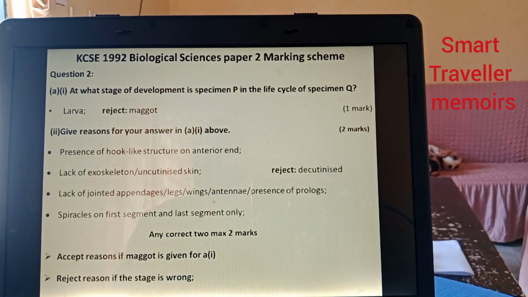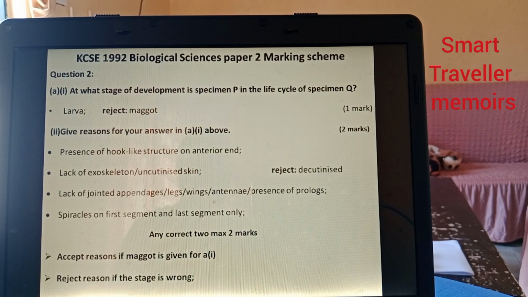Question 2. At what stage of development is specimen P in the life cycle of specimen Q? Larva. You reject the word maggot. Give reasons for your answer.